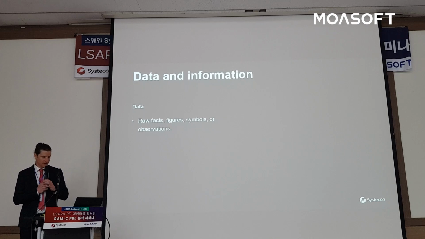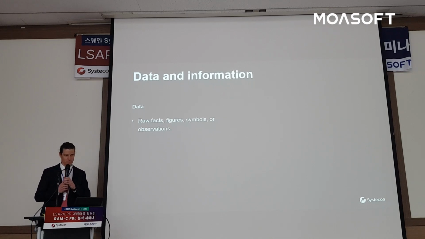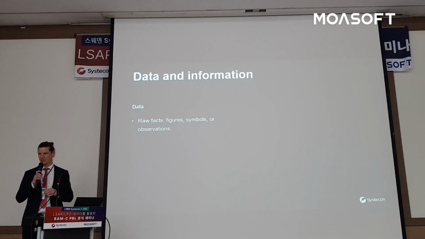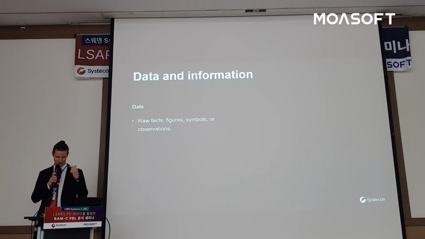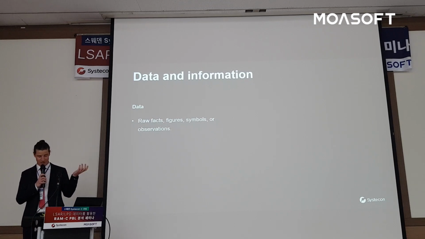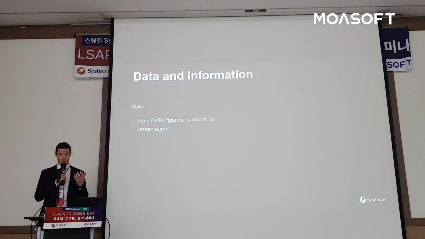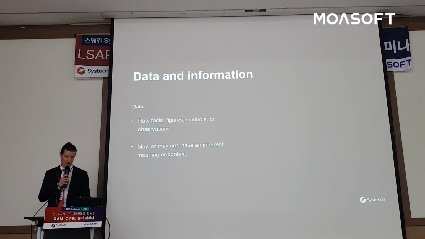Okay, so if we just compare a little bit of a difference when we talk about data. Excuse me, I will keep you awake at least when I'm shouting in this one. So it can be data and information. So what is the difference? Well, data is typically the raw fact, the figures or the symbols or the observations that we've done. It may or may not have an inherent meaning or context.